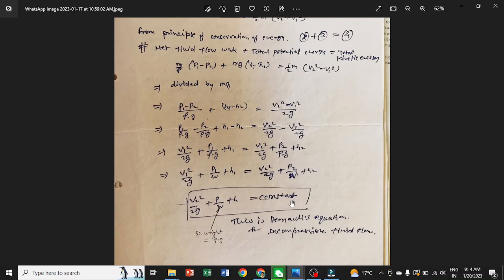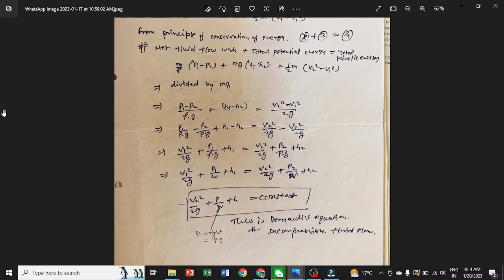So this is the proof of Bernoulli's equation. v2 square upon 2g is the kinetic energy, p upon weight is the pressure head, and h is the height, which is potential energy.